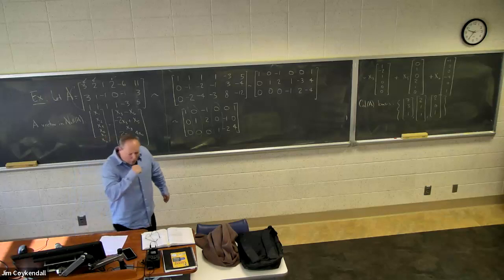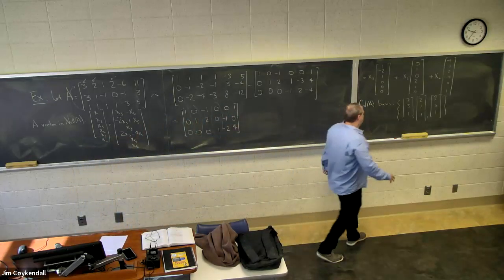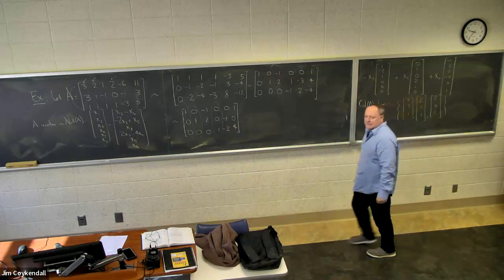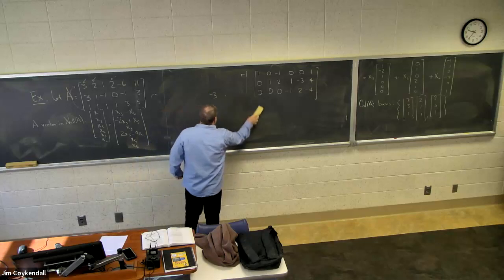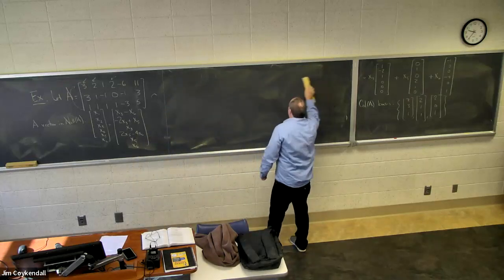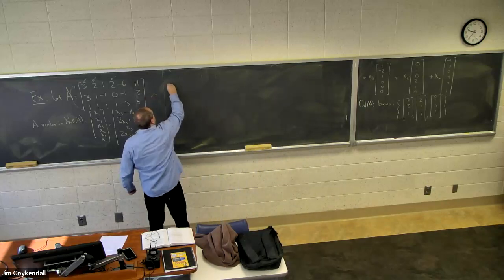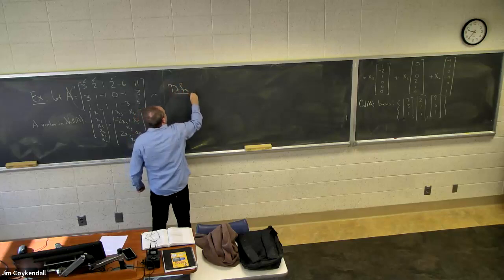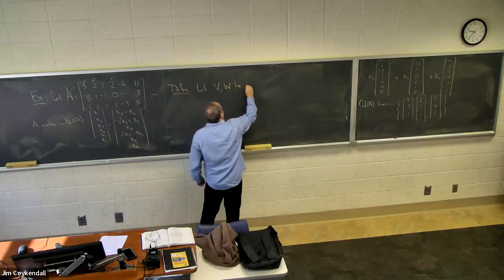Okay. Let me give you a definition, which you've seen before. We've gone over this, but I'm going to do it in a more general sense than you've seen it. Actually, I have defined it in this sense, but I'm going to give you some examples of it. Here's a definition. Let V and W be vector spaces.